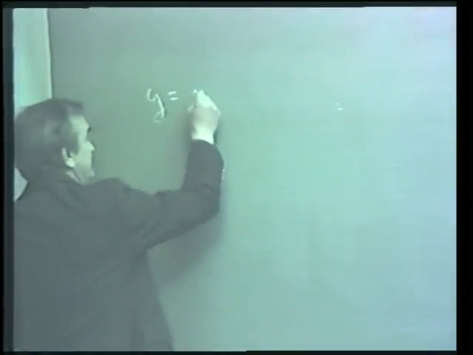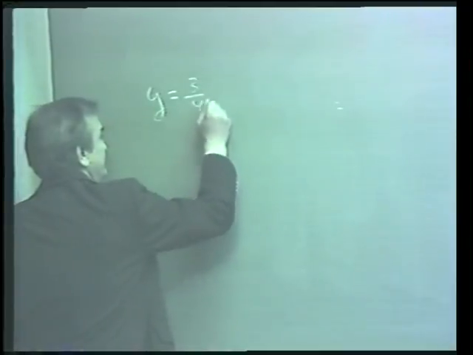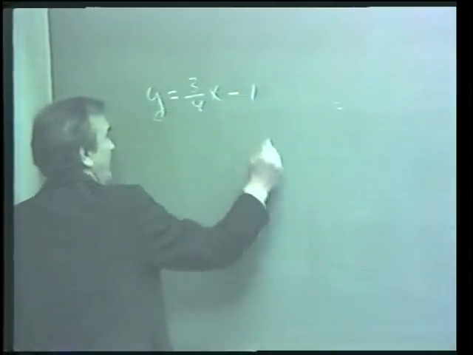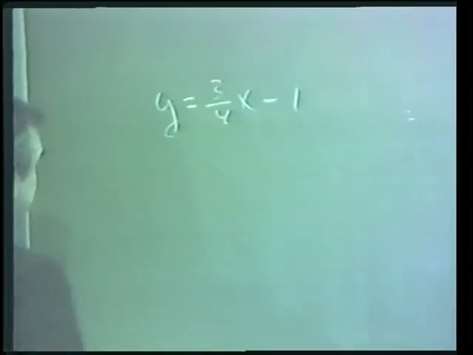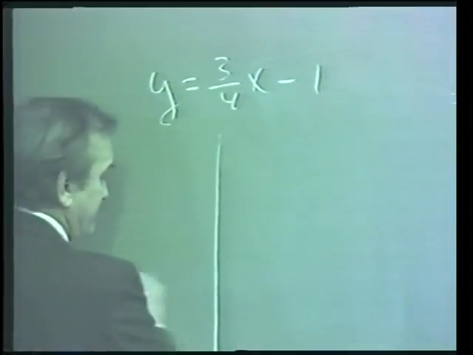Let's suppose I have the equation y is equal to 3/4 x minus 1. I'd like you to make the graph of that line. Y is equal to 3/4 x minus 1.